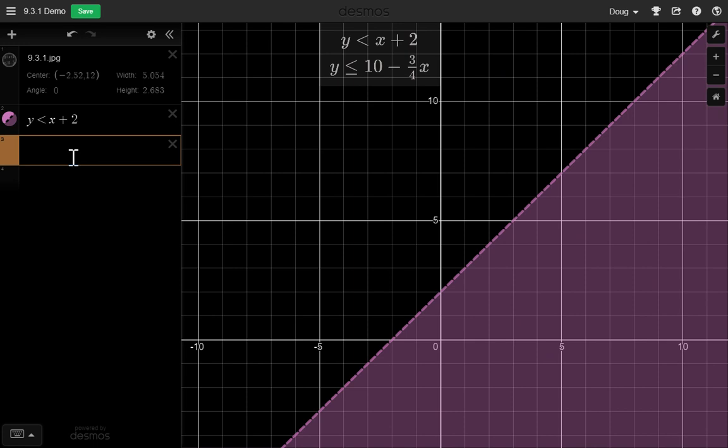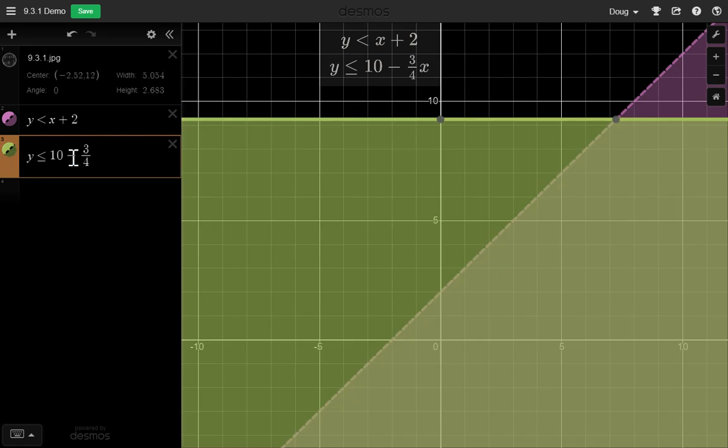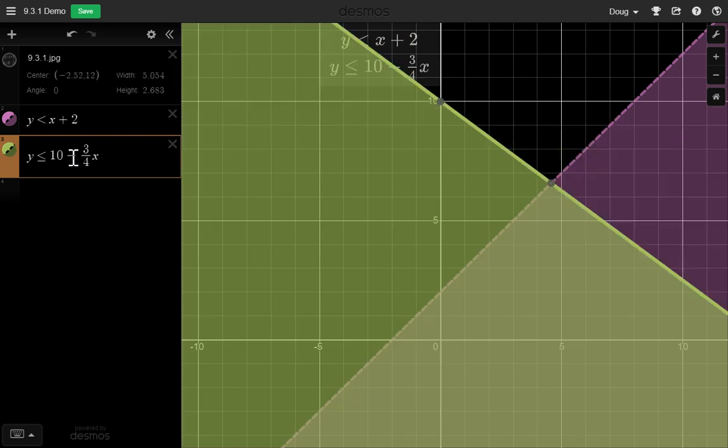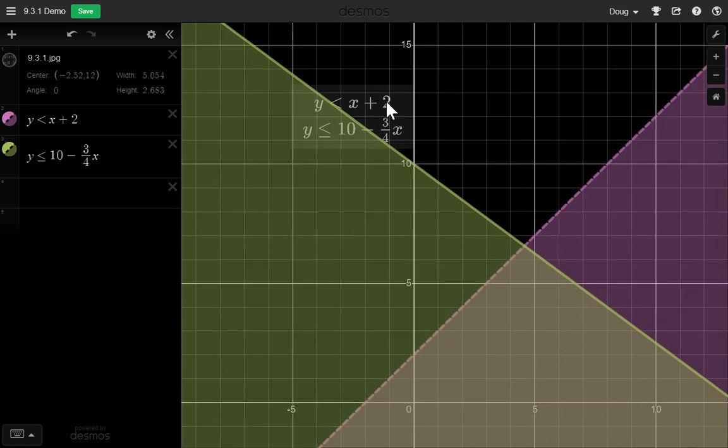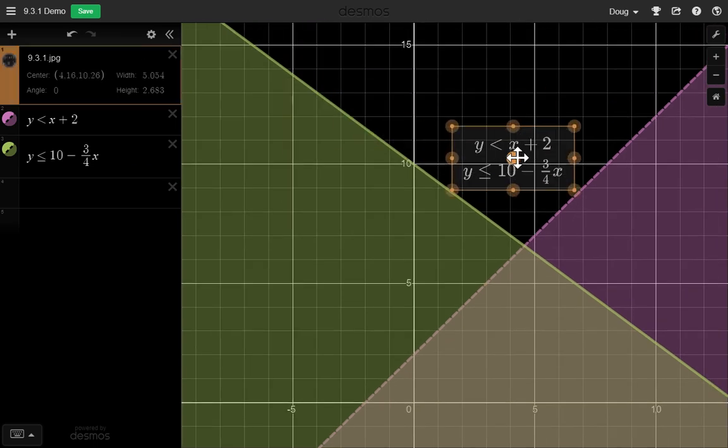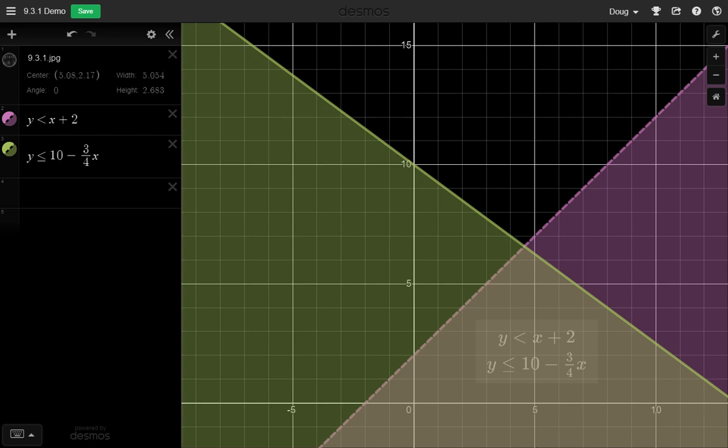And the other one is y's are less than or equal to 10 minus 3/4 x. So it's pretty clear that we can see at this point that the points down here are solutions to this system of inequalities.